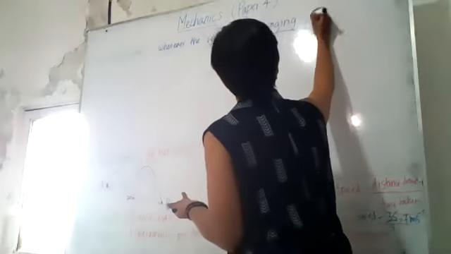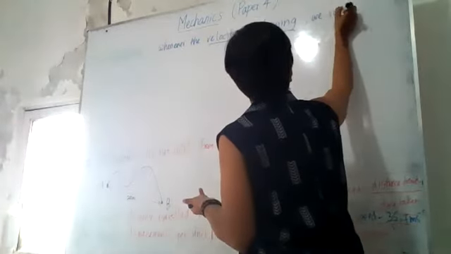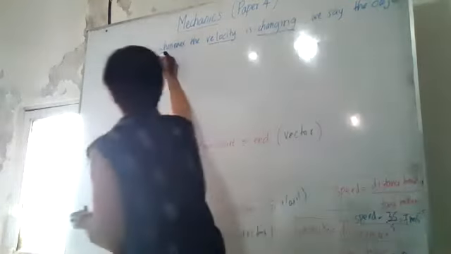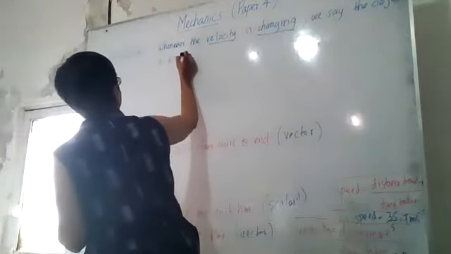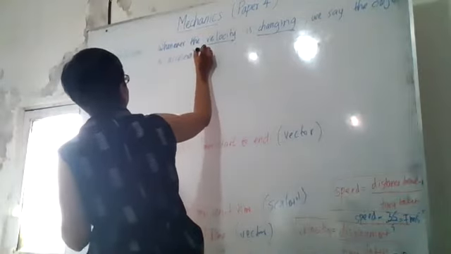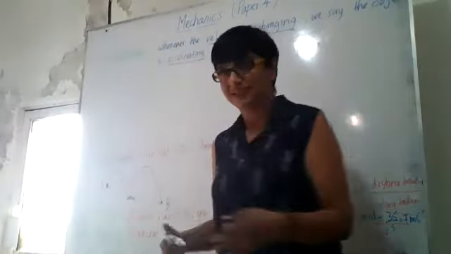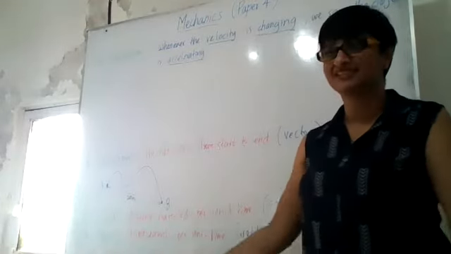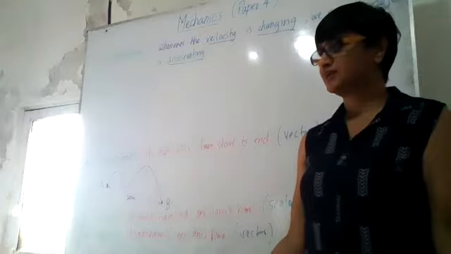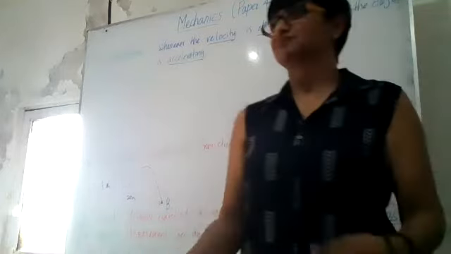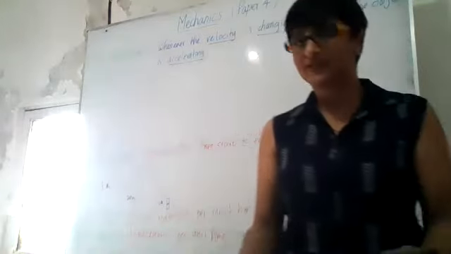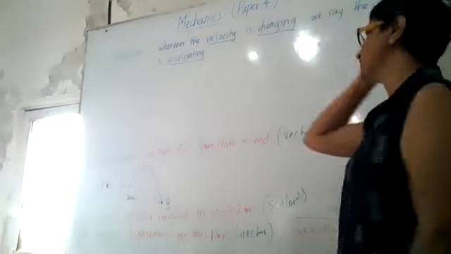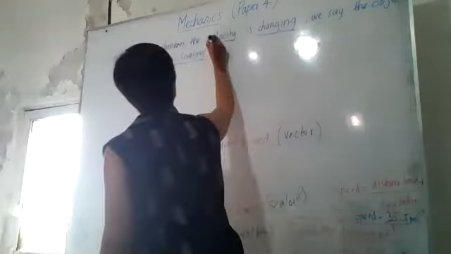In even simpler words, if you are speeding up or slowing down, that is accelerating. Speeding up means your speed is increasing. Slowing down means your speed is decreasing. Not your speed, velocity. I will tell you why we take the velocity here.